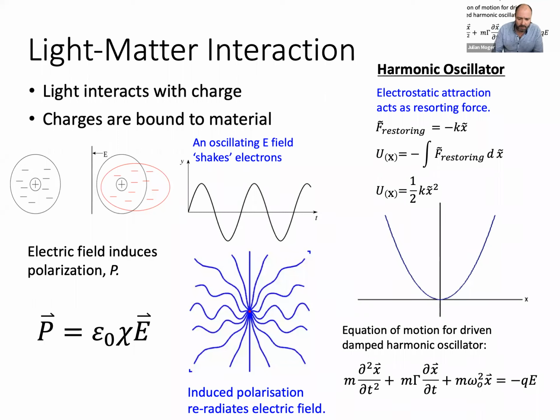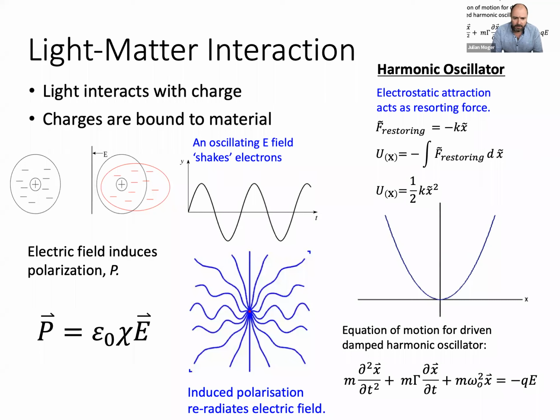We're shaking our electrons backwards and forwards around their equilibrium position, and each electron which is being shaken acts as a dipole emitter itself. So the polarization that we induce acts as a dipole emission, and we re-radiate electricity at the frequency that we're driving it at.